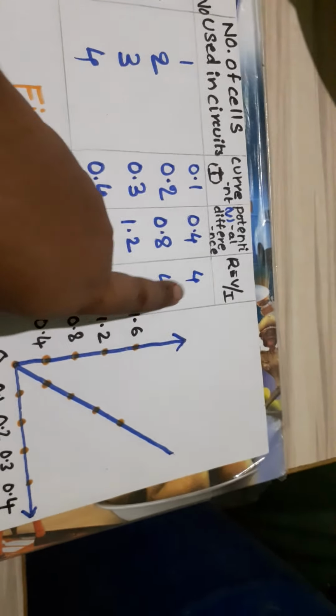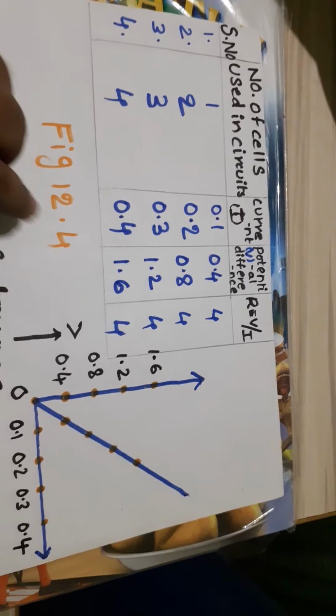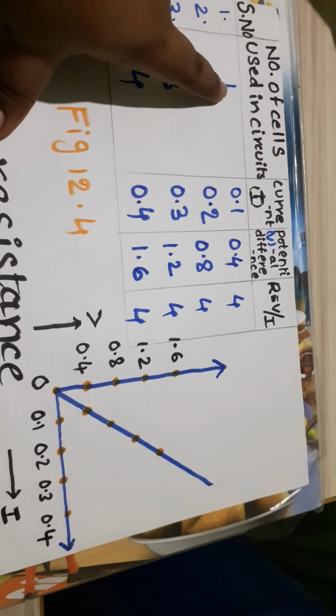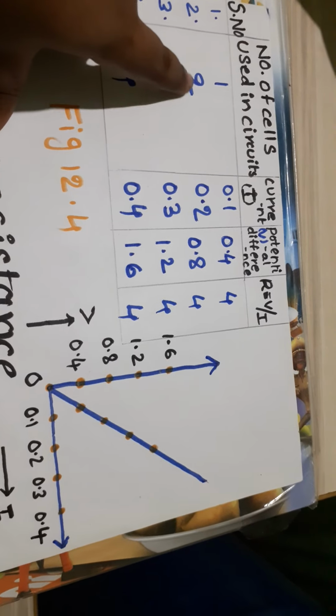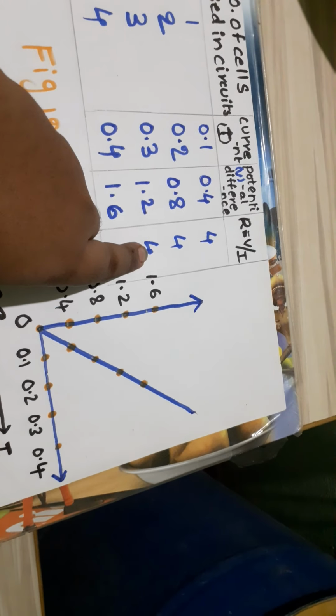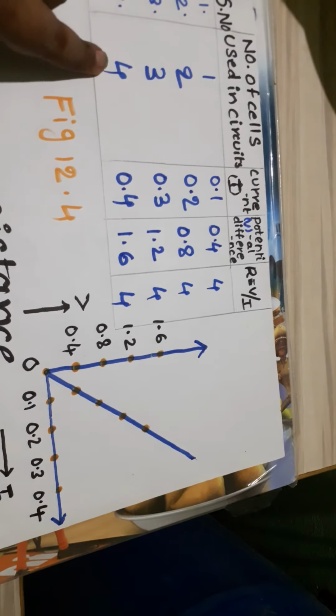Using Ohm's law formula, V equals IR, R equals V by I, I calculated the R value as 4 ohms when connected to one cell. When connected to two cells, resistance is 4 ohms. With 3 cells, I get a resistance of 4 ohms. With 4 cells, I get a resistance value of 4 ohms.